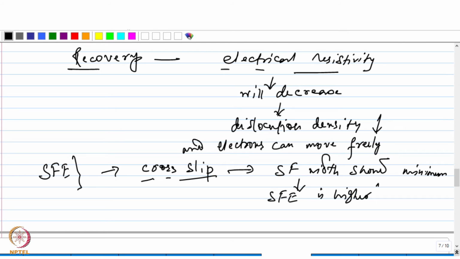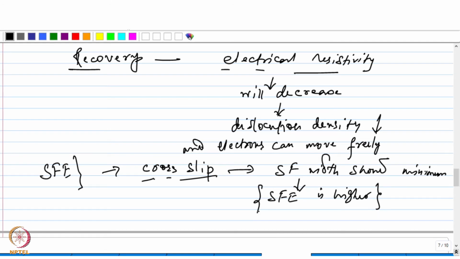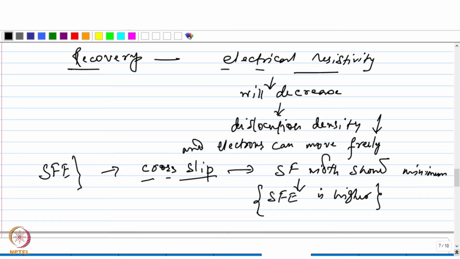Okay, lower the stacking fault width, higher will be the stacking fault energy. And for materials having higher stacking fault energy, dislocations can easily cross slip and move over other intersecting slip planes also, right? So having a higher stacking fault energy means it is easier to move the dislocations through the lattice of such materials, okay?